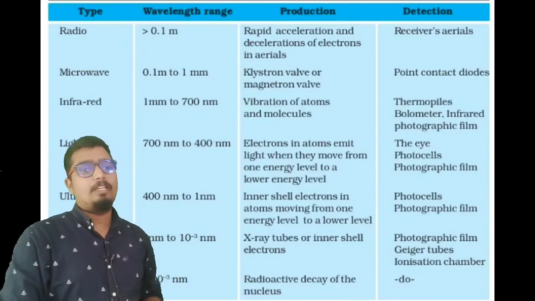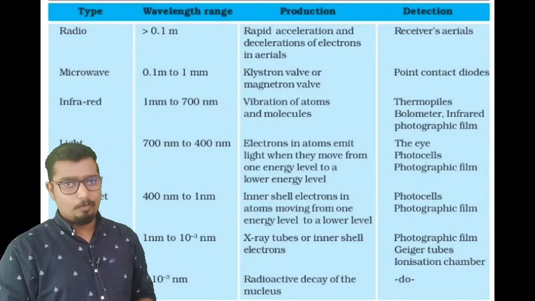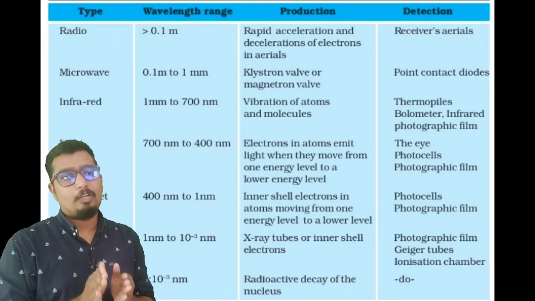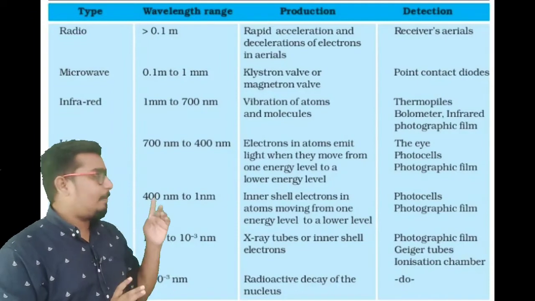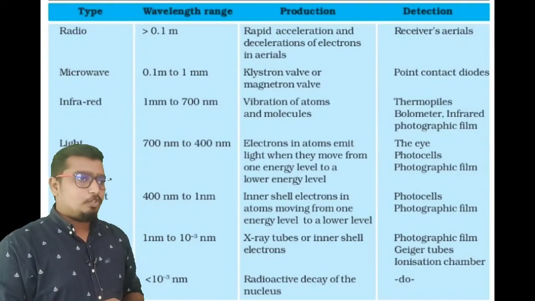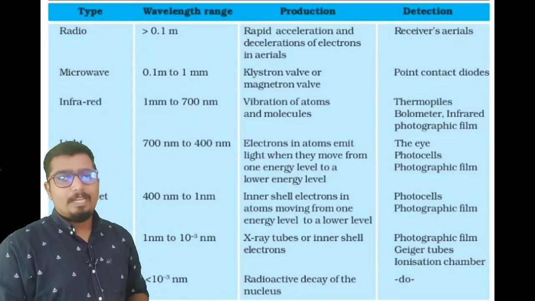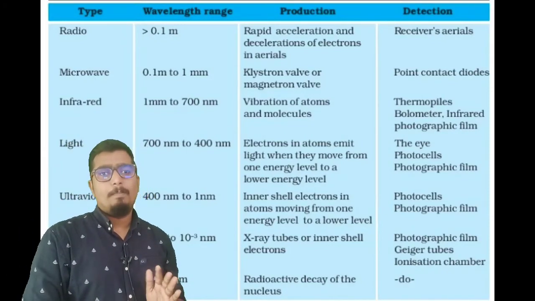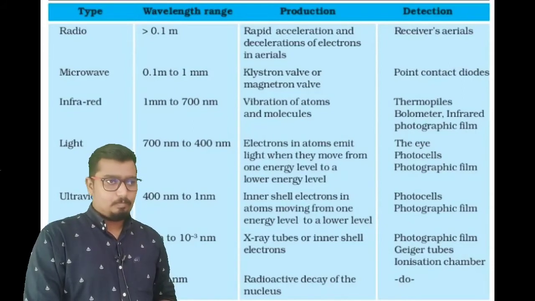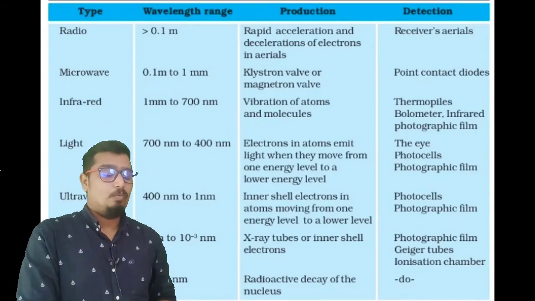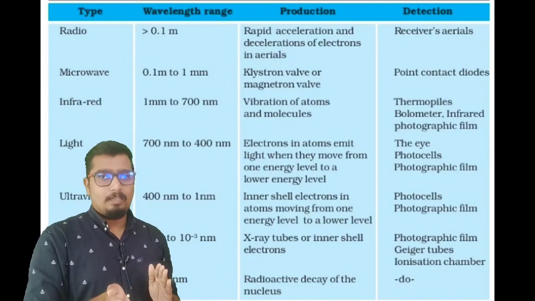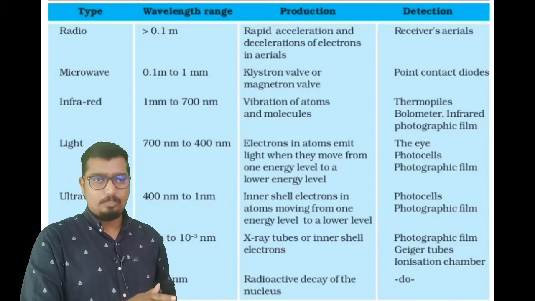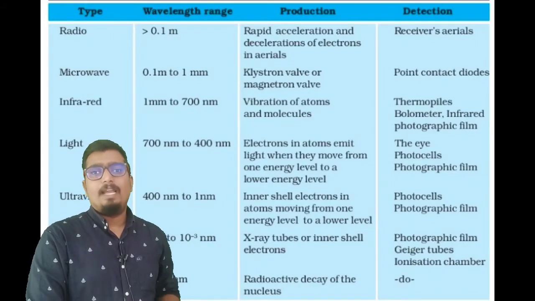The second one is microwaves. The microwave wavelength range is 0.1 meter to 1 millimeter. The production, as already discussed, is by klystron valve or magnetron valve.